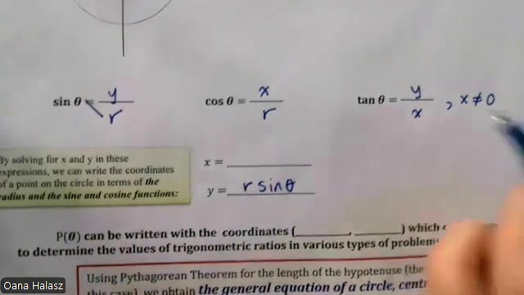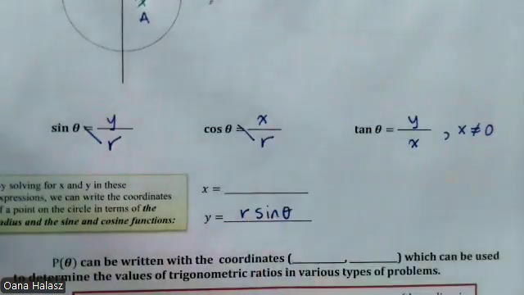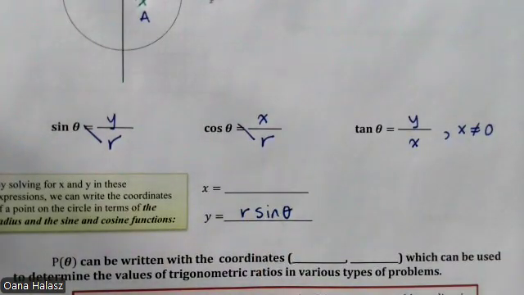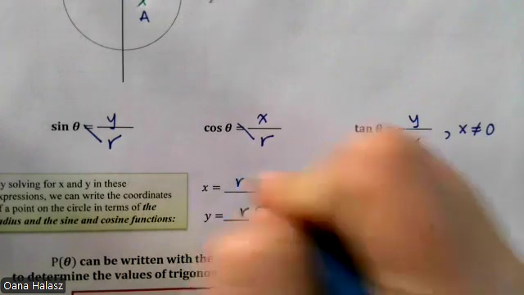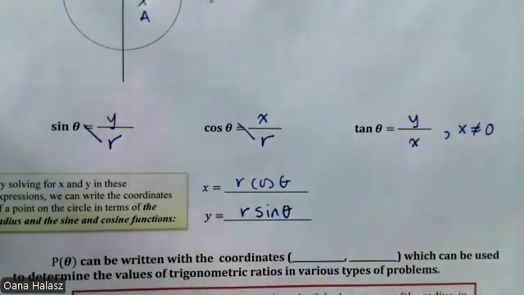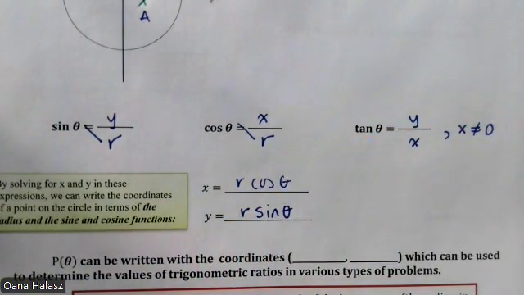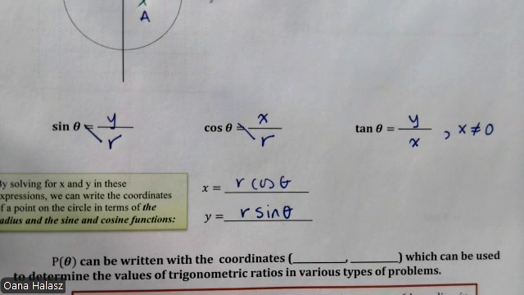And for the x, if you cross multiply, you get r times cosine of theta. So again, if you know the central angle in standard position and the radius of the circle, you can figure out also the position of x.